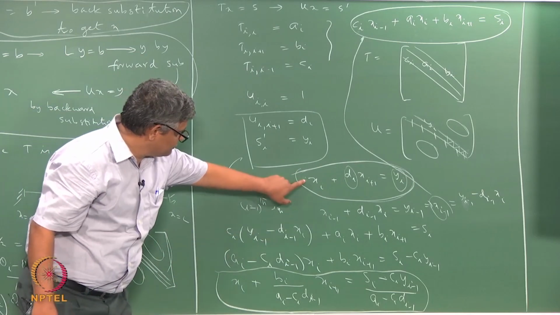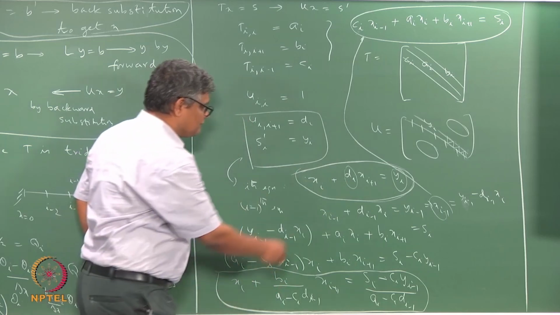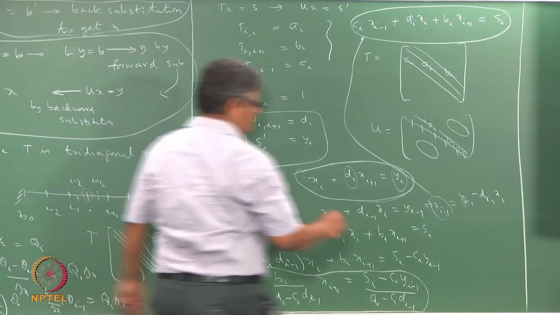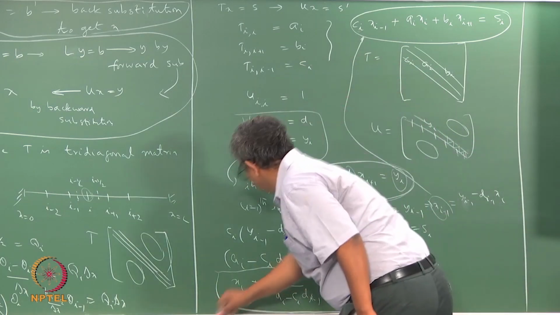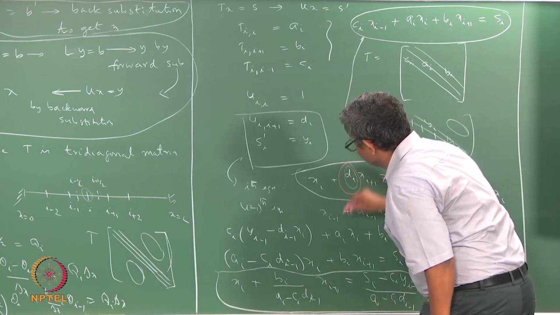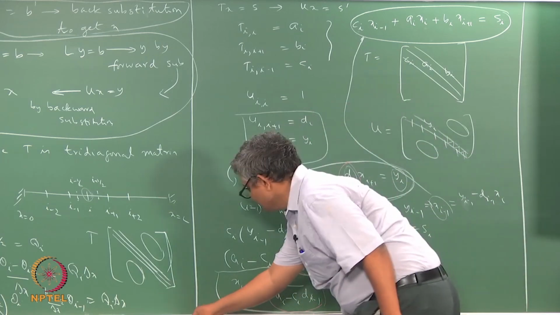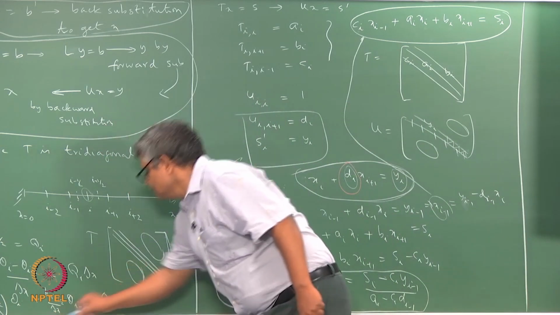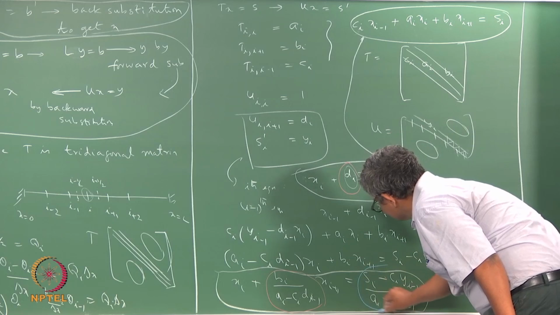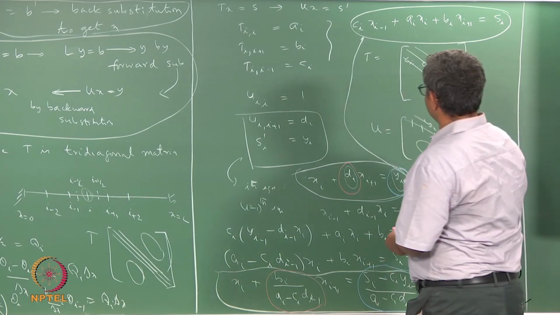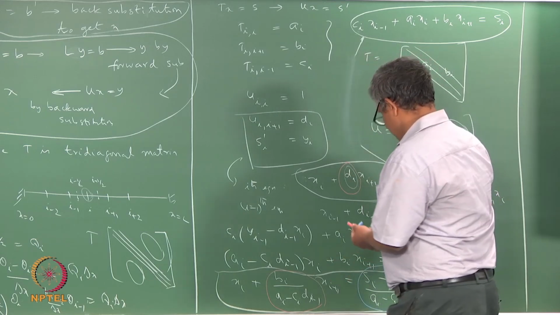In both cases, this coefficient is 1 and this coefficient must be equal to this coefficient. So from this we can say that this term is equal to this, and we have yi is given by this. Okay, so let us now write the formula here.